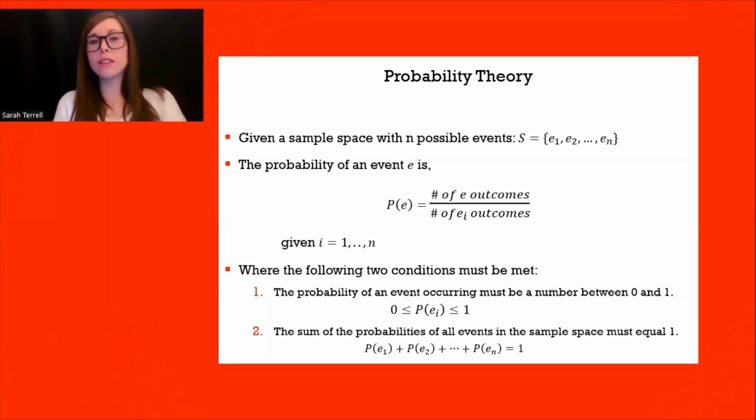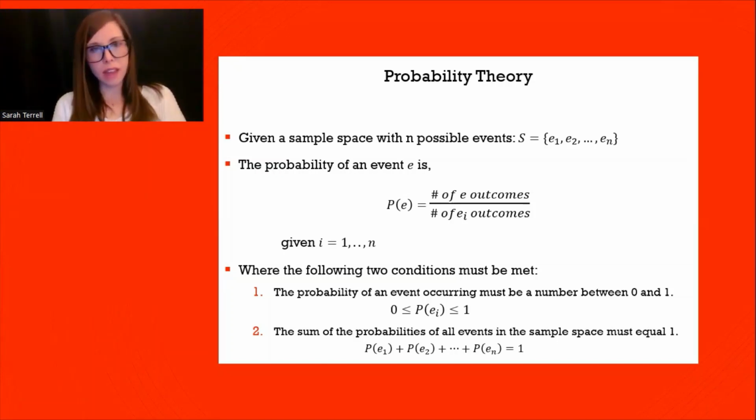Okay, so now given this sample space, what if we wanted to find the actual probability of one of these events occurring? For instance, if I wanted to find the probability of rolling a 1 on a die, how would I do that? The probability of an event E, or the probability of rolling a 1, is equal to the number of E outcomes divided by the total number of outcomes within the sample space.